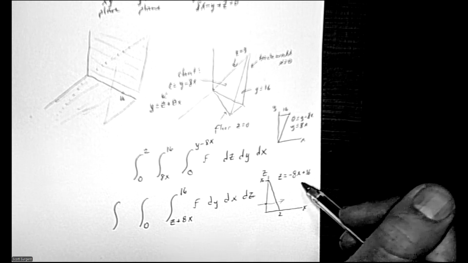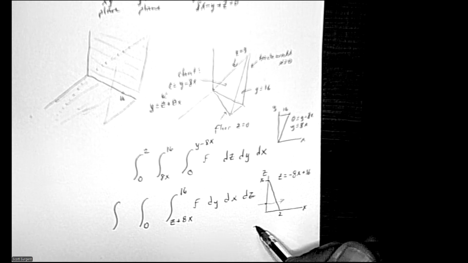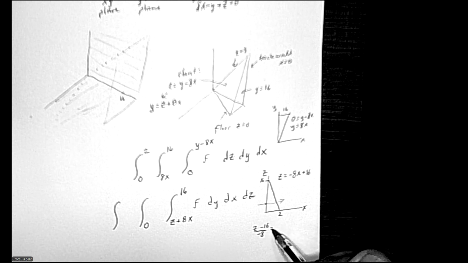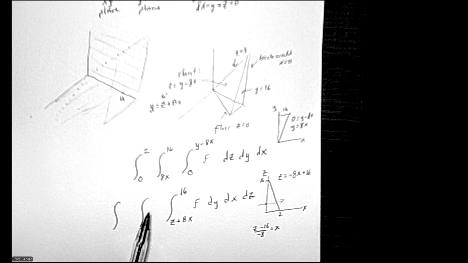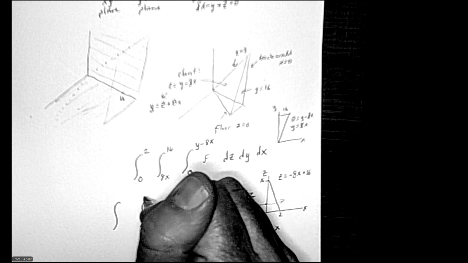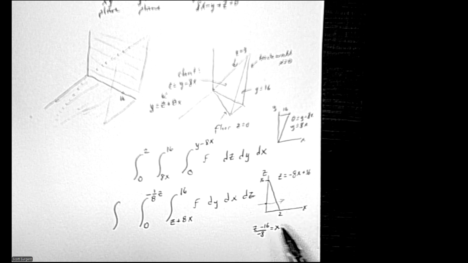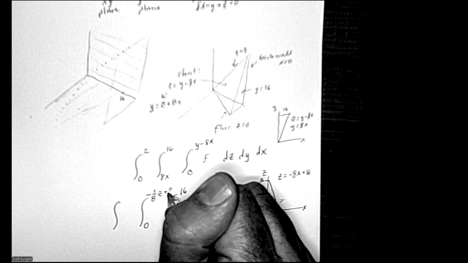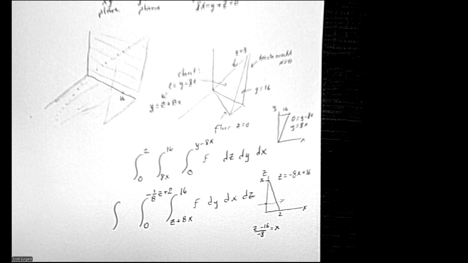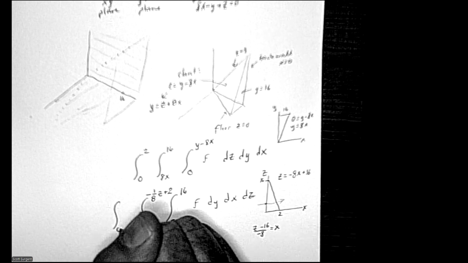If I solve for x, I get z minus 16 divided by -8 equals x, and that becomes my exit bound. That'll be -1/8 z, and then -16 over -8 is 2. And then your x bounds, well, that's the easy one, 0 to 2.